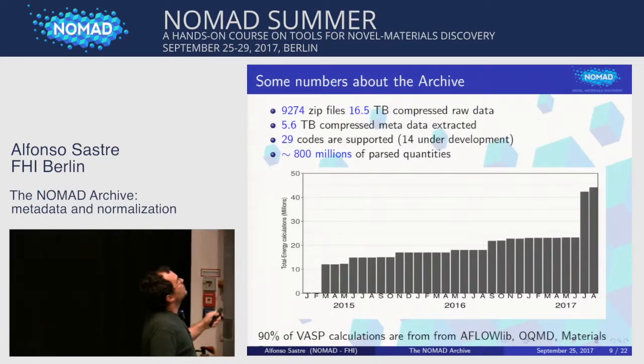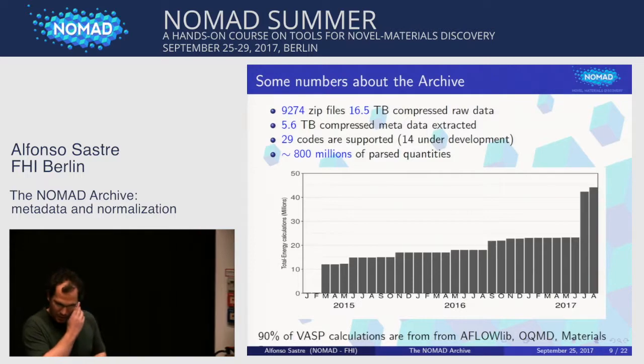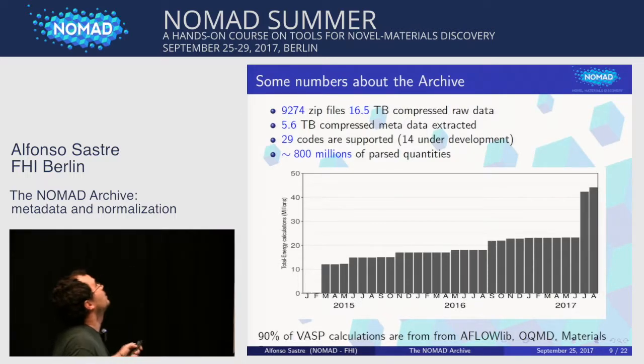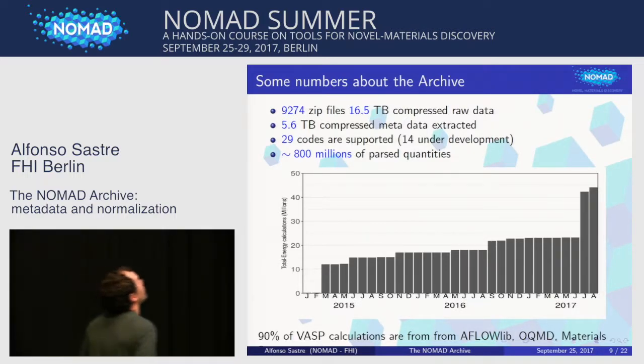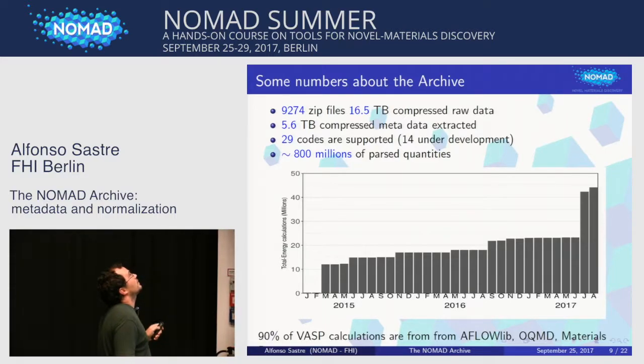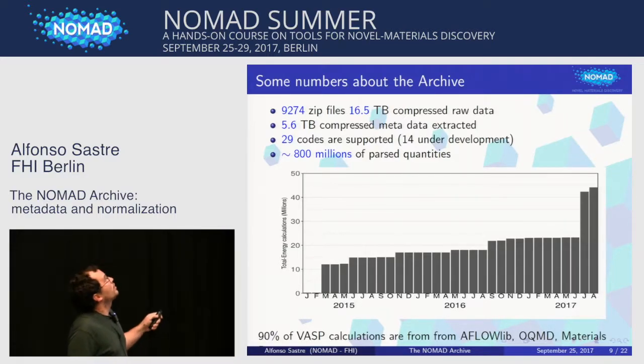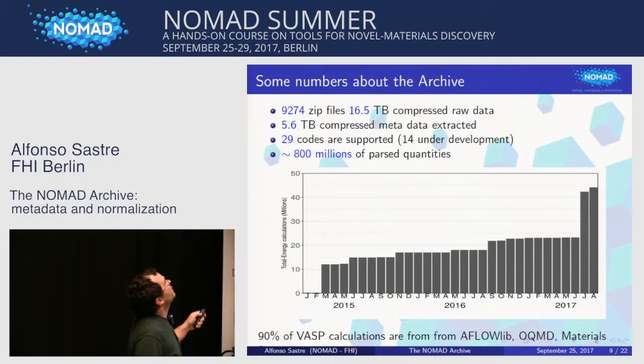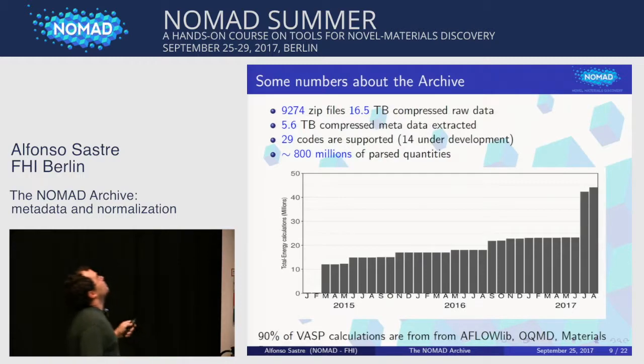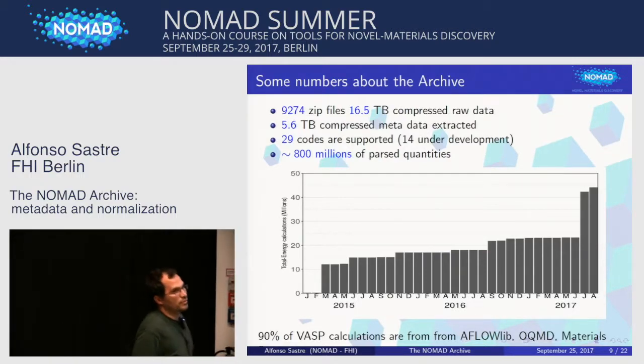So just a comment about the data we have in the archive right now. We have more than 9,000 zip files coming from the repository. This is around 16 terabytes of raw data. When we extract the metadata we want, we finally get more than 5 terabytes of actual data.